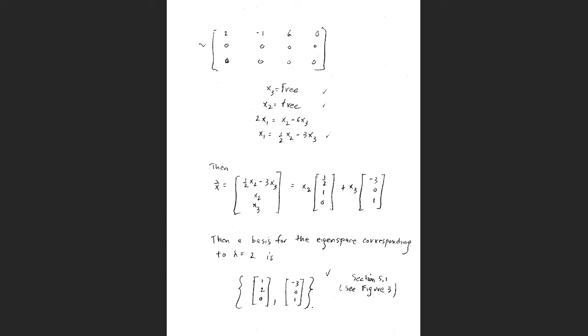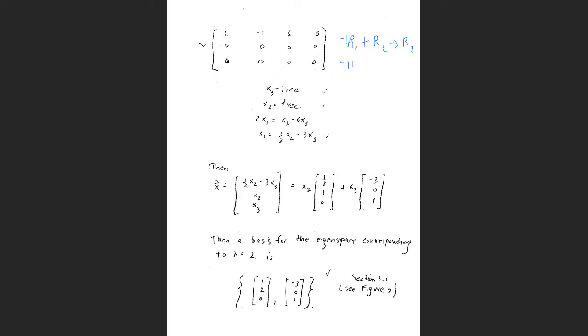So what I'm going to do is take negative 1 times row 1 plus row 2, put the result in row 2.